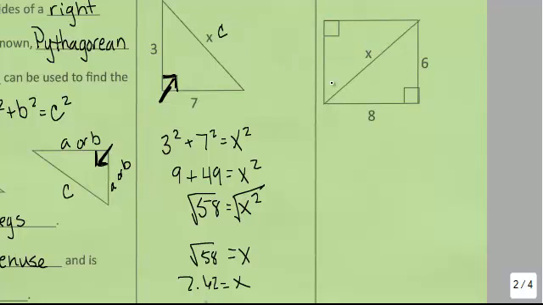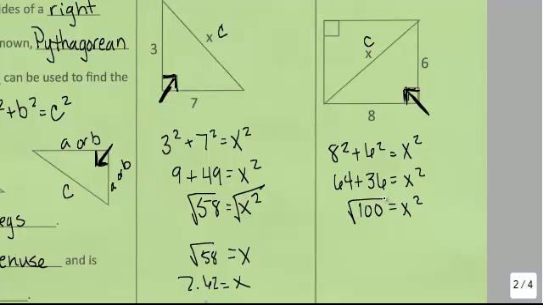On this one, it's a rectangle, and it's trying to find the diagonal, and my x is my hypotenuse. So it's 8 squared plus 6 squared equals x squared. 8 squared is 64. 6 squared is 36, equals x squared. 36 plus 64 is 100.